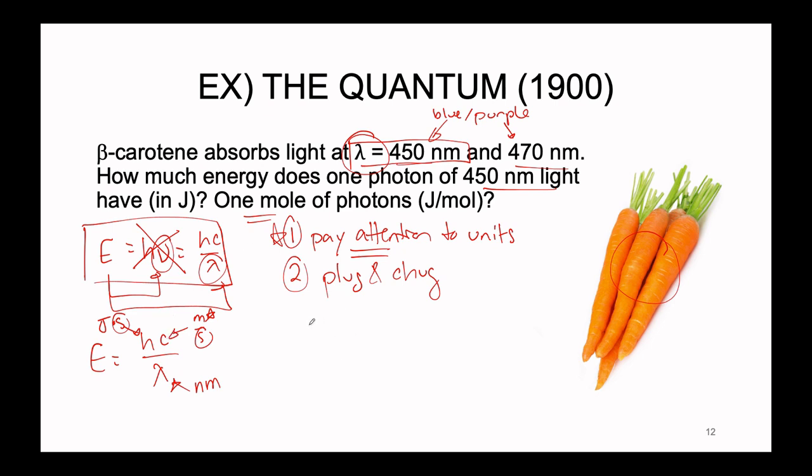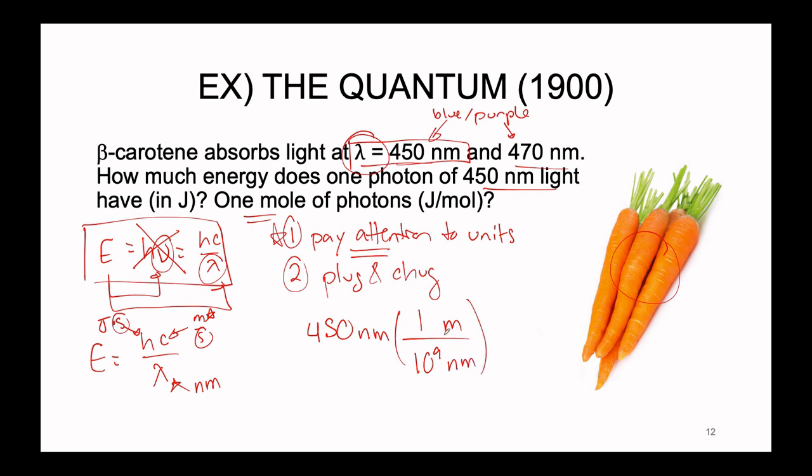All right, so the wavelength that we are working with specifically is the 450 nanometer wavelength. And this 450 nanometer wavelength light, we're going to have to convert into meters. Well, the metric prefix of the nano means that there are 1 billion, or 10 to the 9, nanometers in that 1 meter.